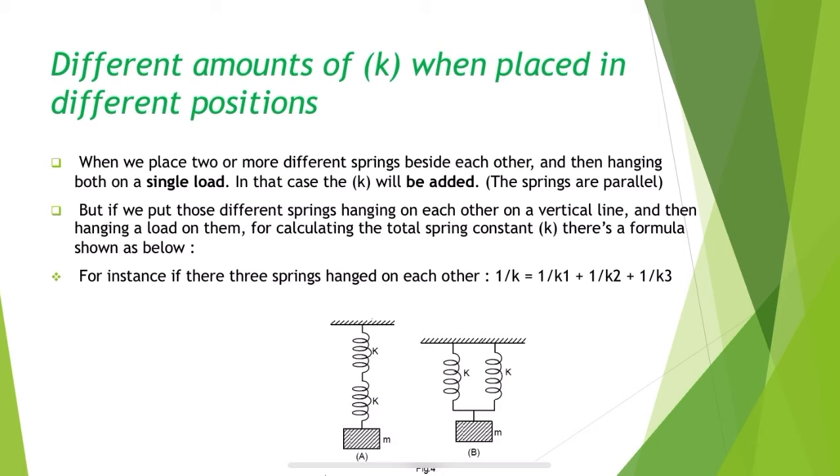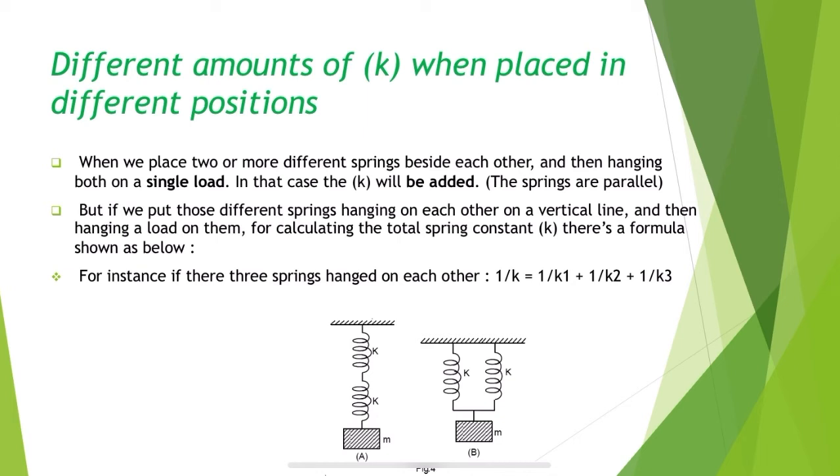As you can see in the picture, in B, or let's say in the right picture, those two different springs are being placed beside each other. So if you want to calculate the spring constant and write it as a single whole number, they will be added. The spring constants will be added. But in A, in the left picture, they are not going to be added anymore, and no strange things.